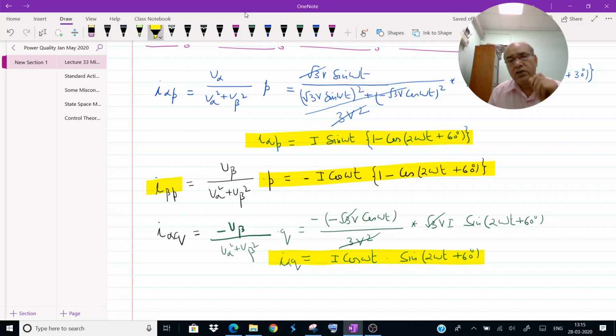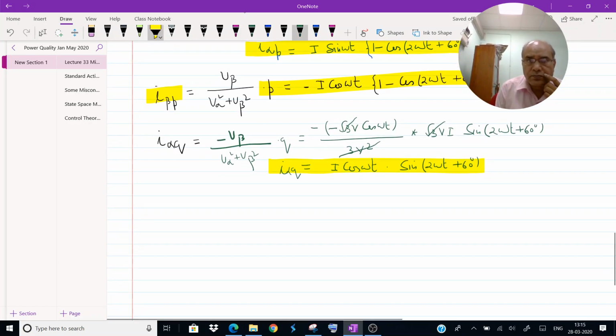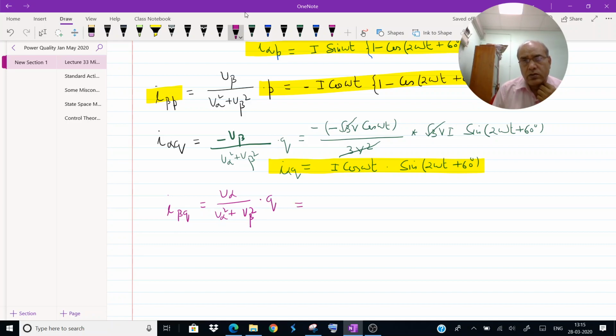And what is I beta Q? I beta Q will be B alpha over B alpha square plus B beta square into Q, which means this is root 3 B sine omega t by 3b squared, times root 3 b I sine 2 omega t plus 60 degree.